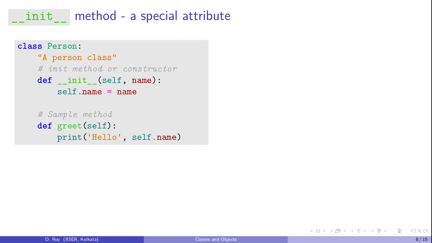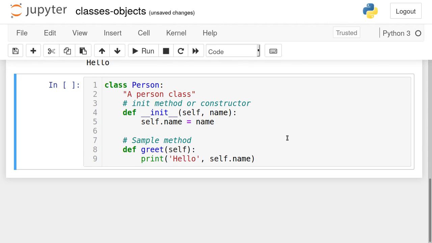There is another special attribute, a method attribute, called the init function. This init function is equivalent to the constructors that we might have seen while writing C++ or Java programs. I have defined the same person class here. As you can see, this init or constructor function is expecting one parameter, which is considered as a name. Note that self is again the implicitly passed parameter, which is the invoking object.